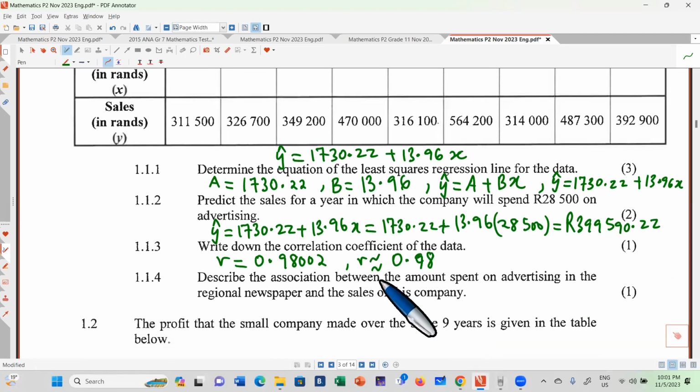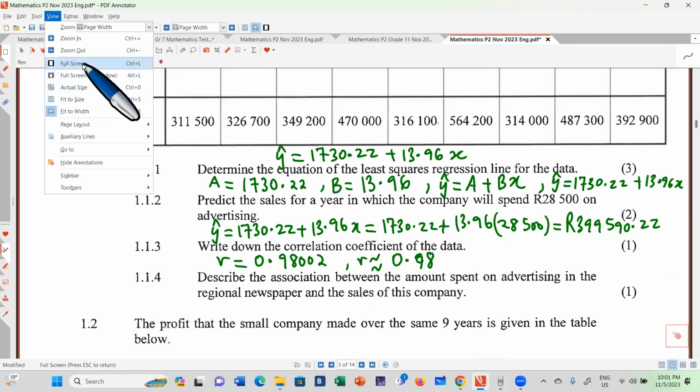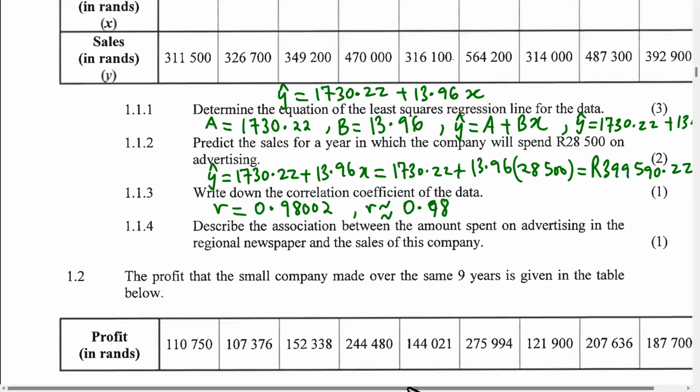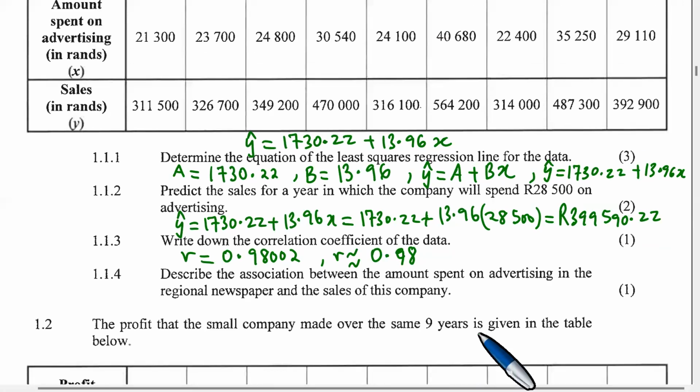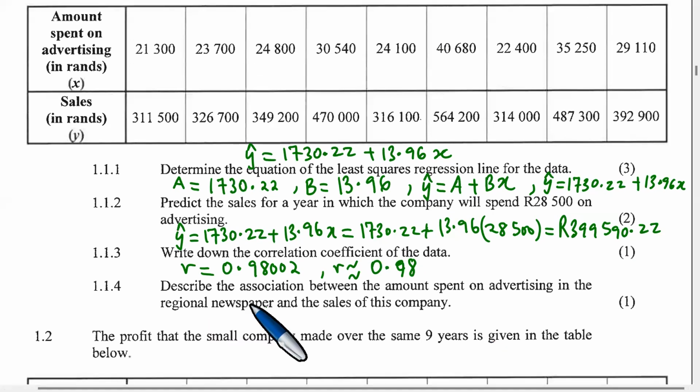Right, describe the association between the amounts. We're right back, and we are looking at this question where the examiner says you need to describe the association between the amount spent on advertising in the regional newspaper and the sales of this company.